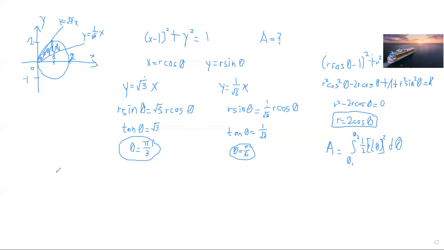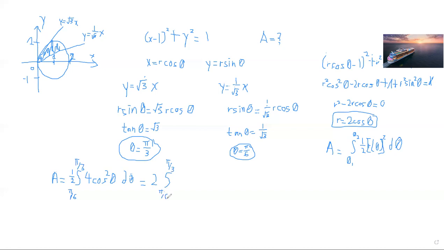Let's apply that. A is now equal to the integral from pi over 6 to pi over 3 of 1 over 2 times r of theta squared. 2 cos theta squared is 4 cos squared theta, d theta. 4 divided by 2 is 2, so 2 times the integral from pi over 6 to pi over 3.